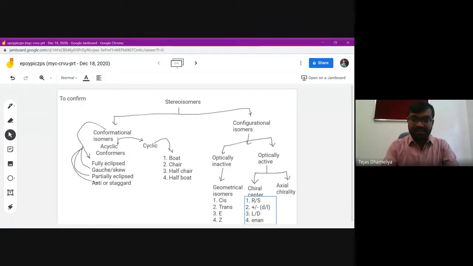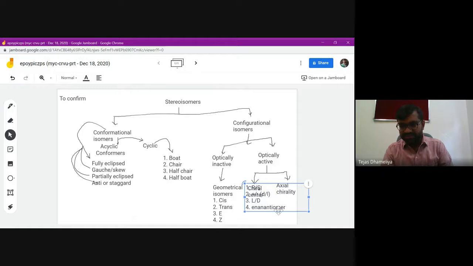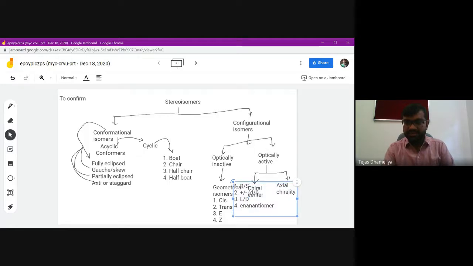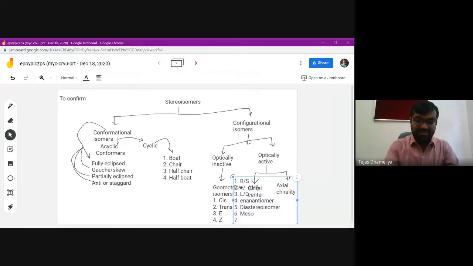Fourth type: you might have heard the name enantiomer. Okay, let me just increase this. Enantiomer can be diastereoisomer. It can be a meso compound, and although it is not optically active, there you will also hear racemic mixtures. All this belongs to this kind of optically active class.